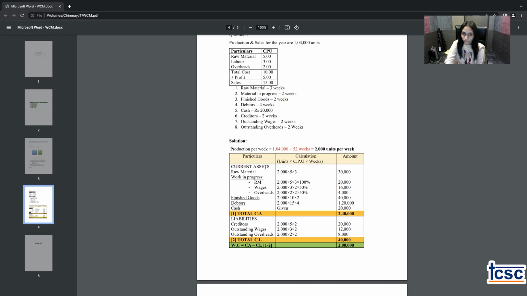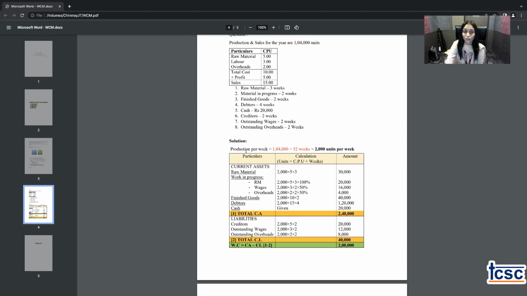Now, in current assets, if you see, you have raw material, work in progress, finished goods, debtors, and cash. These first 5 points are in relation to your current assets. If you see the next 3 points, that is point number 6, point number 7, and point number 8, that is your current liabilities. So it's very simple. Current assets minus current liabilities.